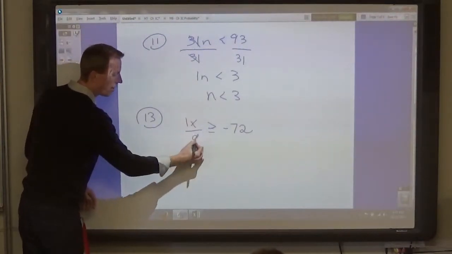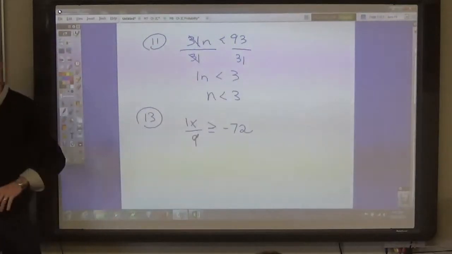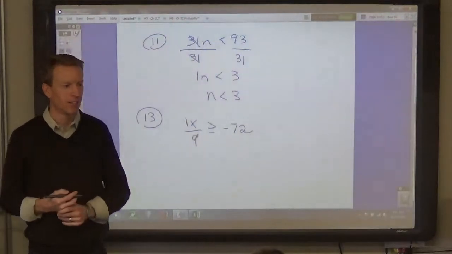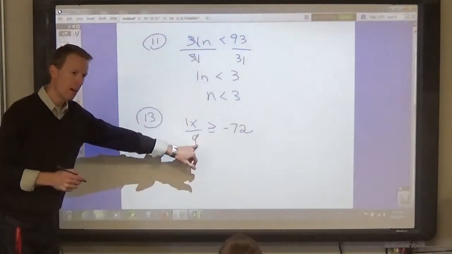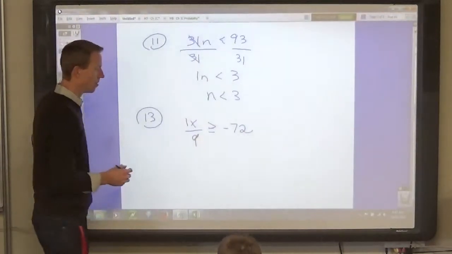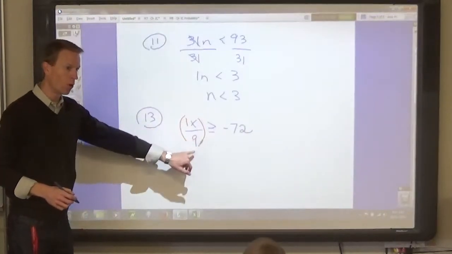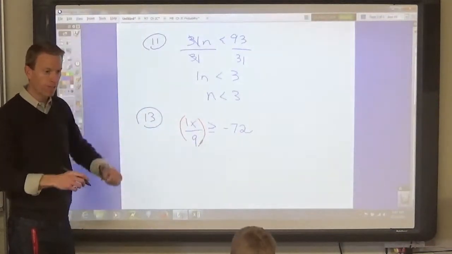This is 1 over 9, 1/9. And we have to multiply by what? Caleb? Get rid of the 9 in the denominator. Well, if we multiply by negative now, we'll have -1. The reciprocal is just the same fraction flipped over.